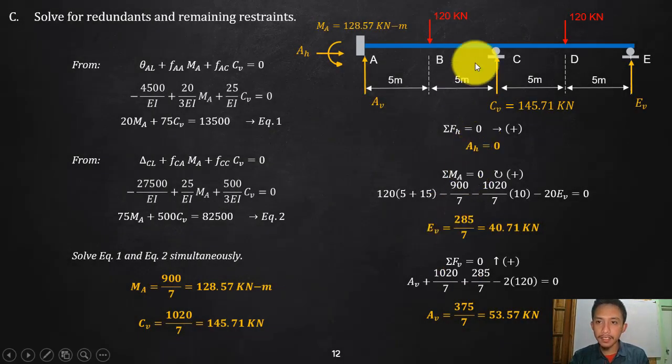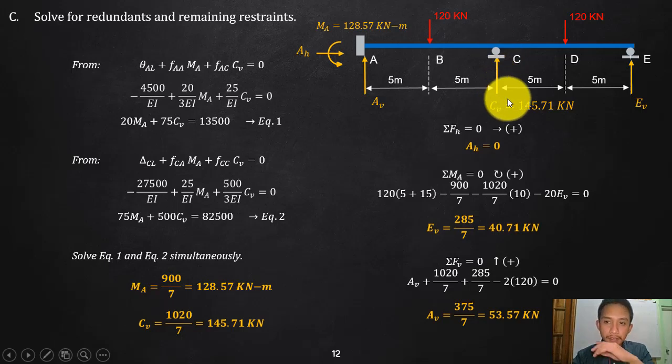Okay, so again, that is supposedly originally the roller. You have this CV, or the reaction at the roller, and we have it here. And then, of course, your EV, you have that there. Okay, so now we already have all the reactions of our indeterminate beam.